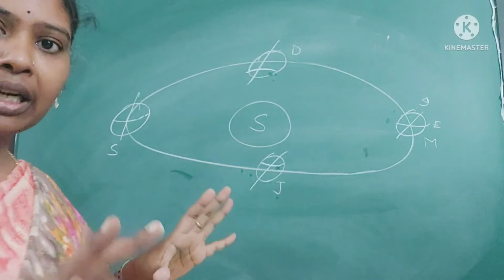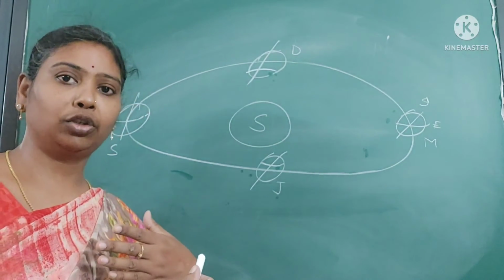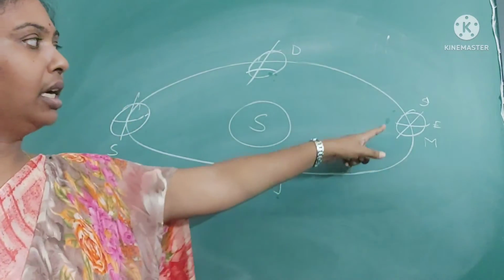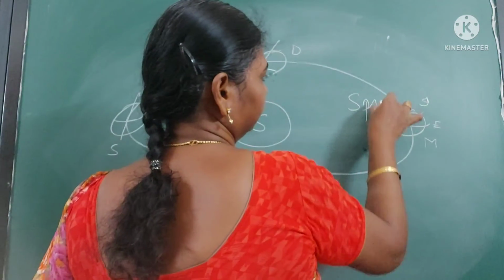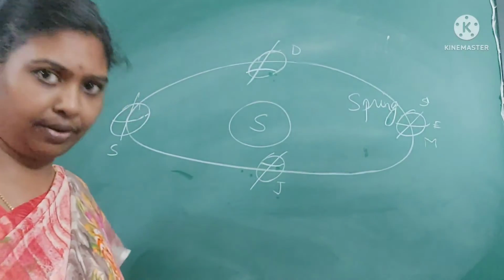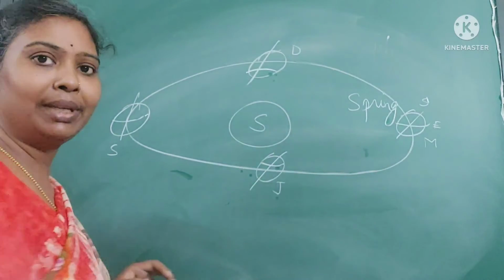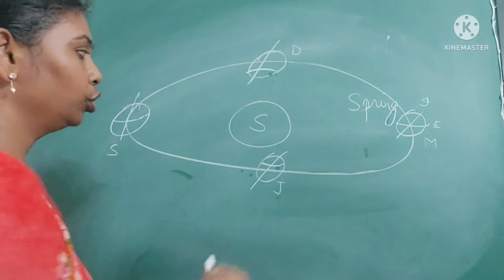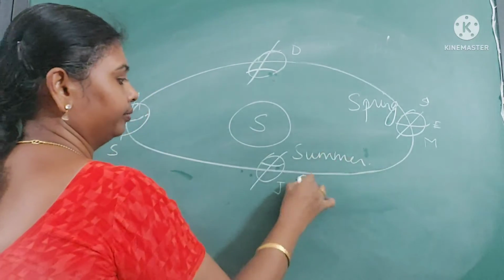So we are taking everything with respect to the northern hemisphere. Here it will be spring equinox. It will be spring here in the northern hemisphere, right? For us it will be spring in the month of March. For us it will be summer in the month of June. So it will be summer solstice.